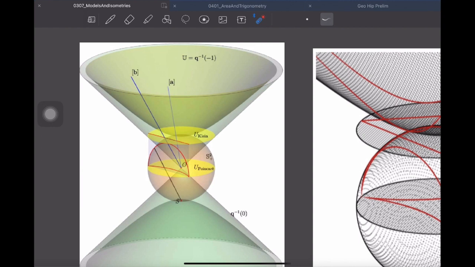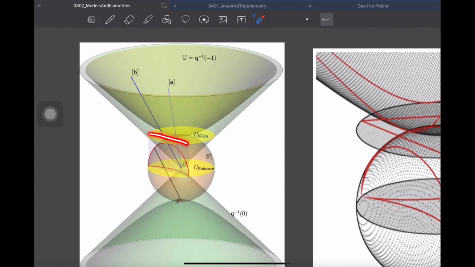And now you see, in the hyperboloid the shortest curves we saw are of the form intersection of the hyperboloid with some two-dimensional plane passing through the origin. If you take the intersection of such a plane with this disk at height 1, you obtain a segment of a straight line, right?